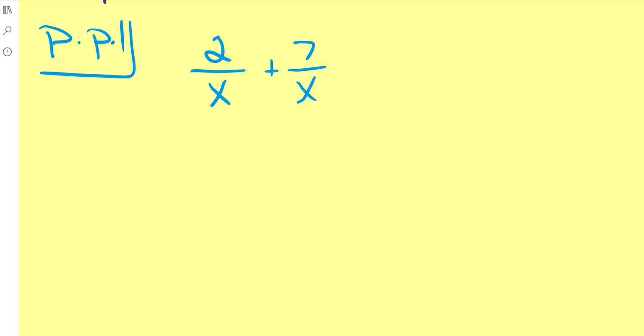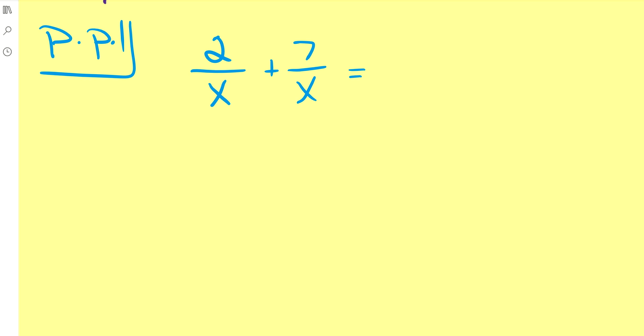Go by the book here. Practice problem 1, where it is written 2 over x, and that's going to be added to 7 over x. Our main objective when we're adding and subtracting fractions is to get the denominators to be the same.